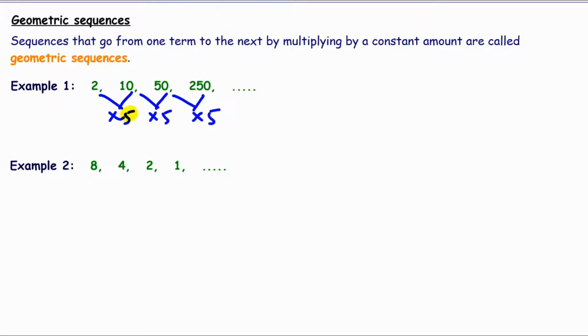Now, this number 5, this constant, is what we call the common ratio. Okay? In the second example, we have a sequence that starts at 8 and decreases by multiplying the previous term by a half.